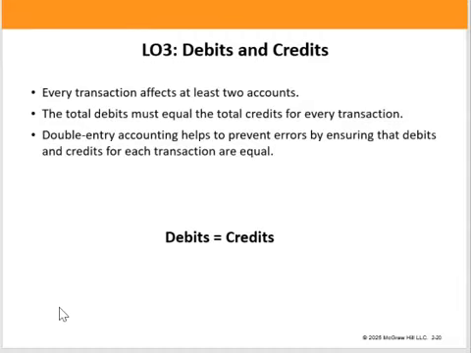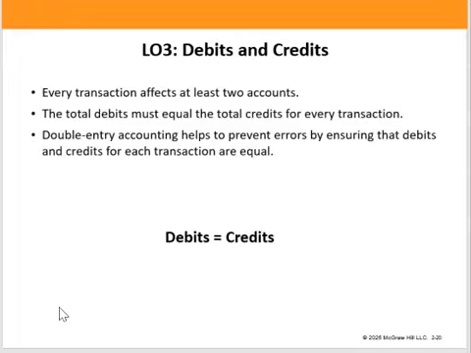So every transaction affects at least two accounts. The total debits must equal the total credits for every transaction, and this is what's considered double entry accounting. It helps to prevent errors by ensuring the debits and the credits for each transaction are equal.